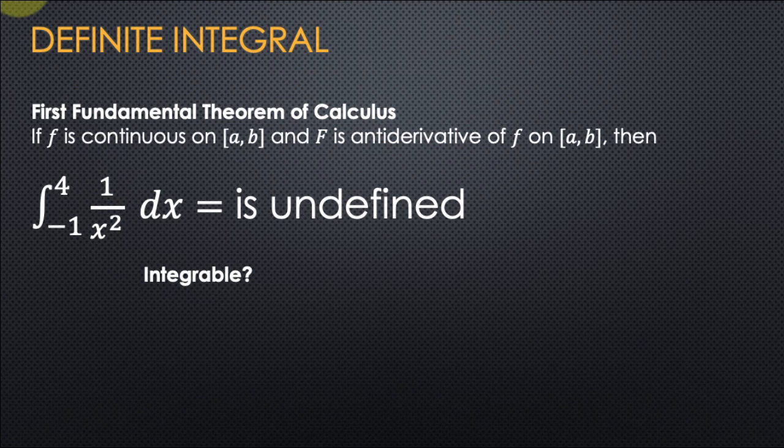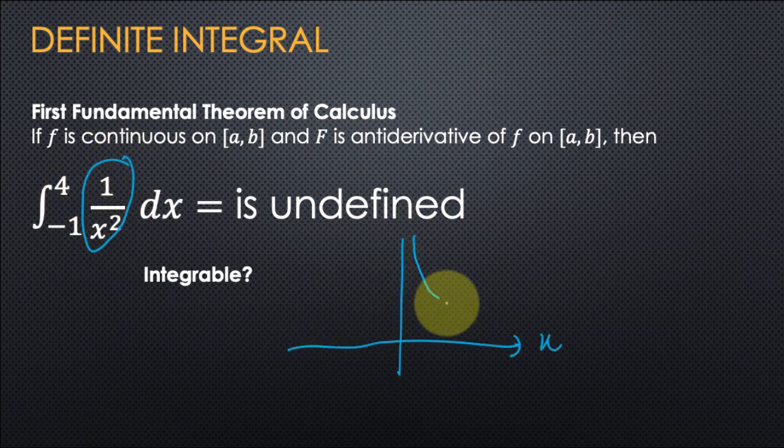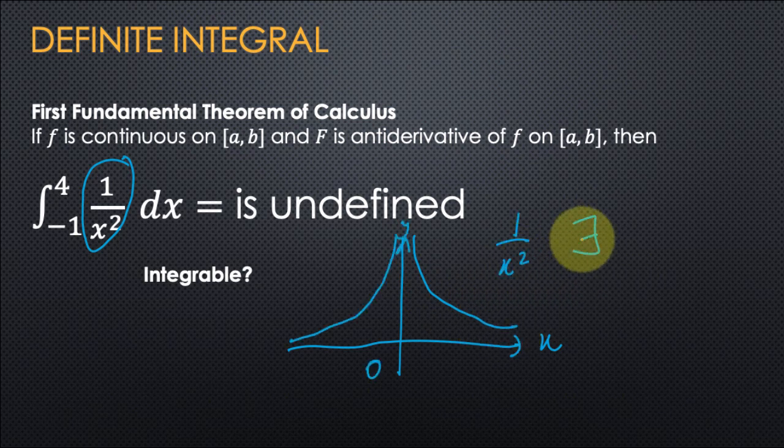Consider 1 over x squared. The limit is from minus 1 to 4. This is a rational function. The graph is like this. 1 over x squared does not exist when x is equal to 0. In here, it is undefined.